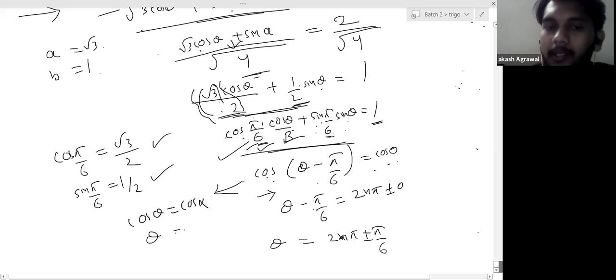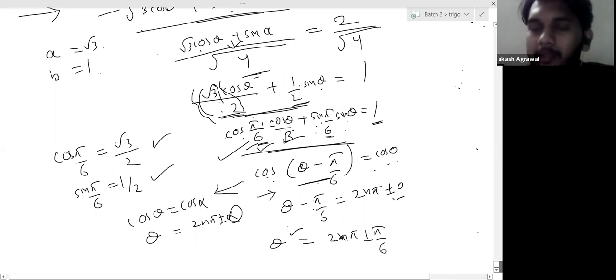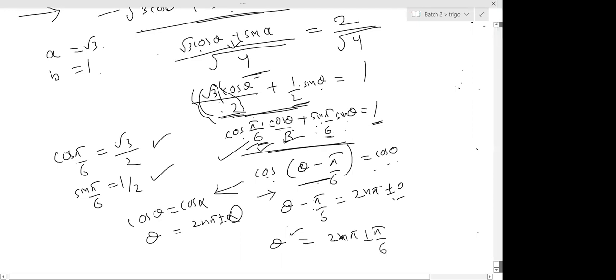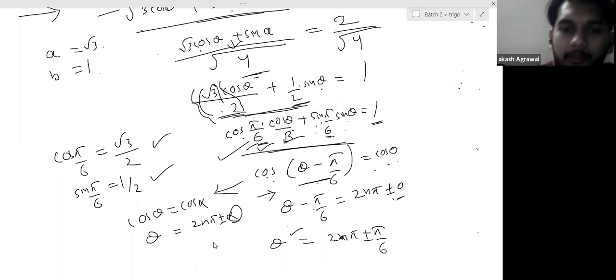So theta we can write as 2n pi plus minus alpha, and alpha here is 0, and this whole angle is theta minus pi by 6. So theta is 2n pi plus minus pi by 6. All right. Is this clear, everyone, or not? Yes, sir, clear. All right, we'll write it down, and I'll give you one question.